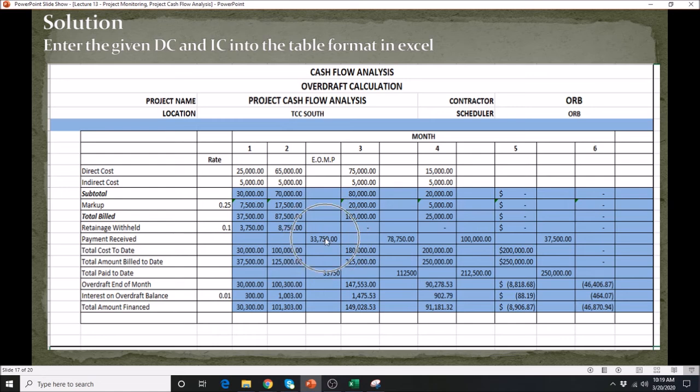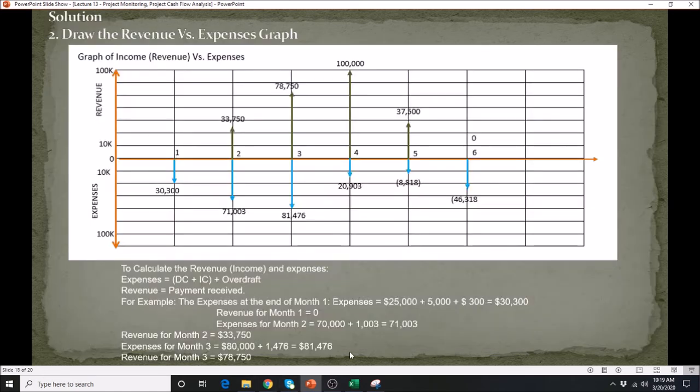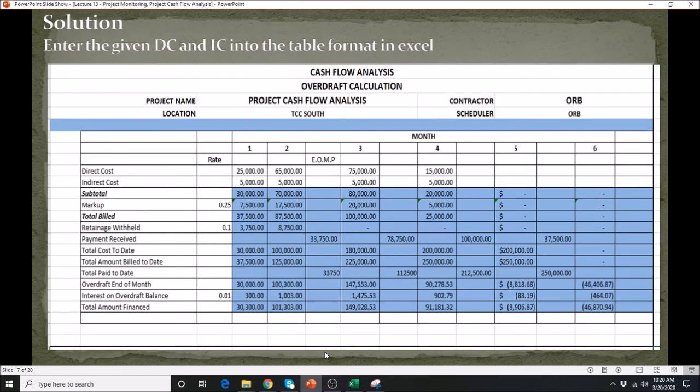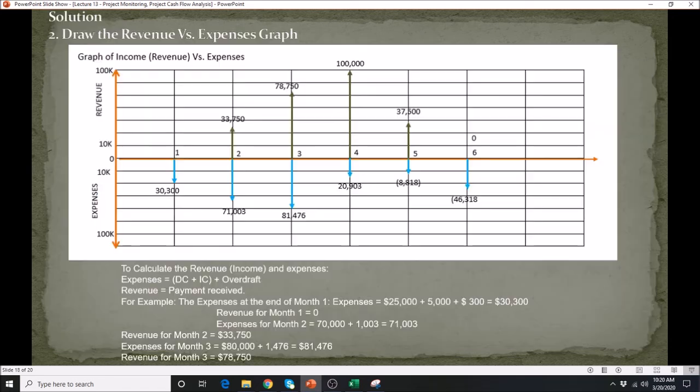Then of course the revenue for the first month is the amount that you receive, which is 33,750. For the expenses for the third month, the direct and indirect cost plus the interest rate will give you 81,476. That is again 75 plus 5, equals 80 plus the interest, and that is the value that you're going to put here.